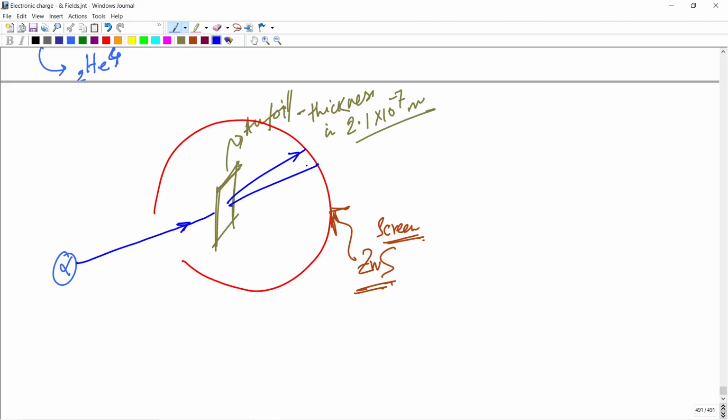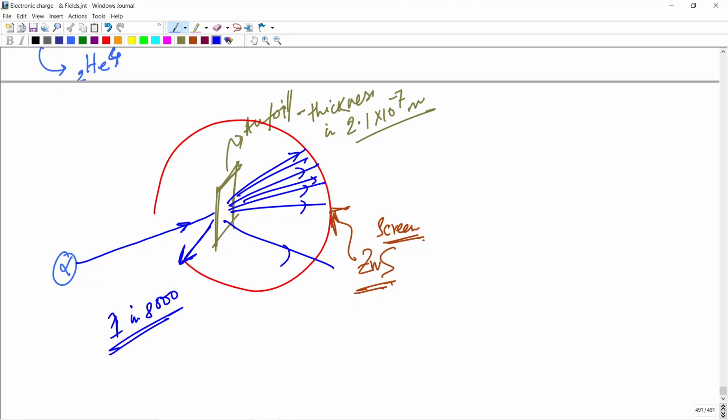Some particles are deflected, and rarely some are deflected back. Suppose that one in 8,000 alpha particles comes back toward the source direction, with deflection more than 90 degrees, almost 180 degrees.